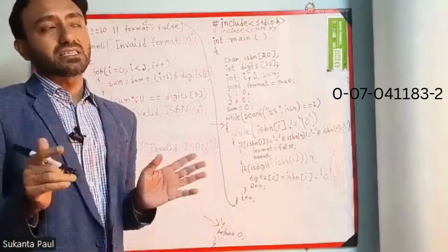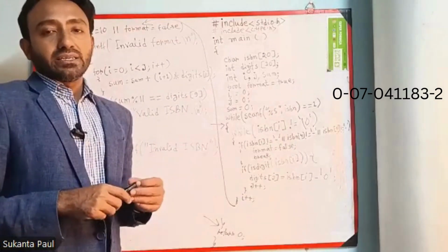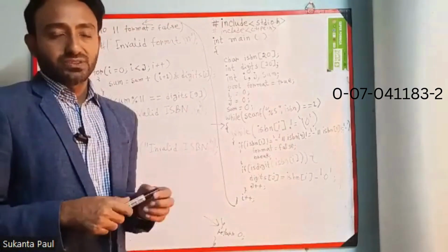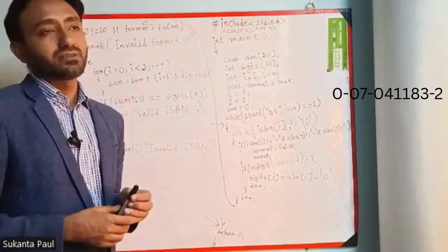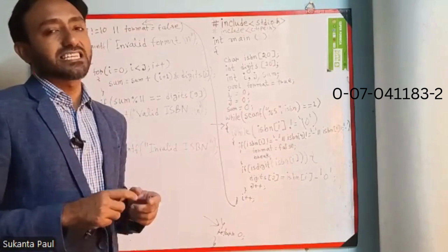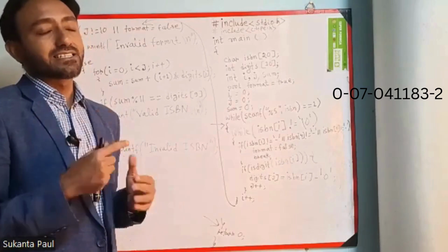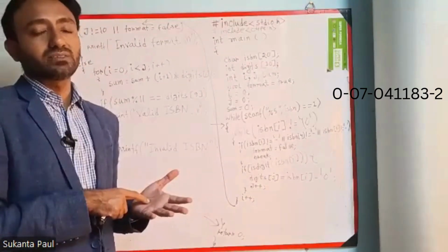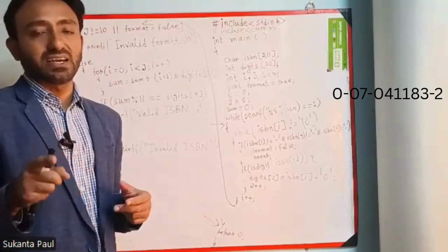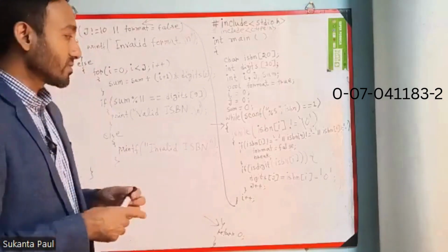Initially, we check whether it is a valid format or not. It is an invalid format if we get any character other than a dash in position 1, position 4, and position 11 of the ISBN.